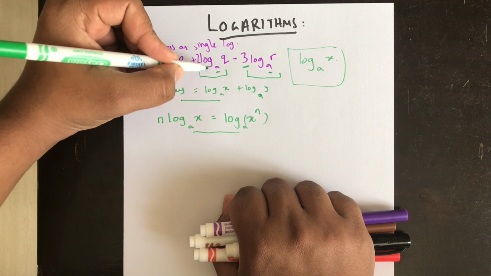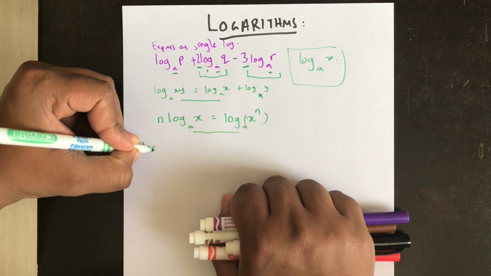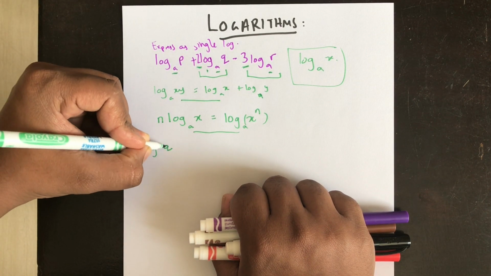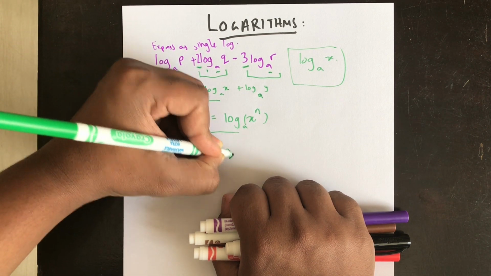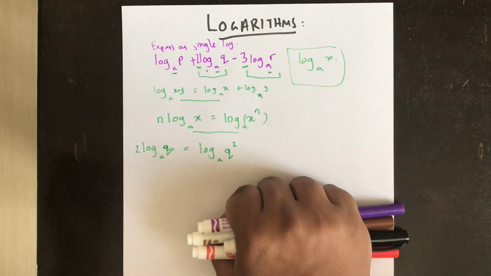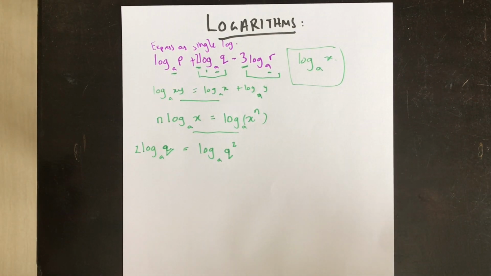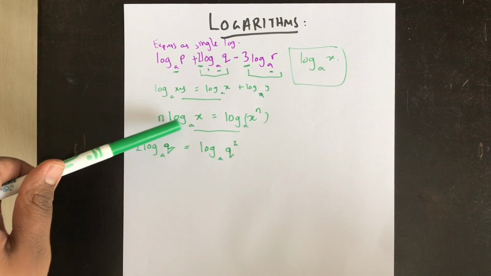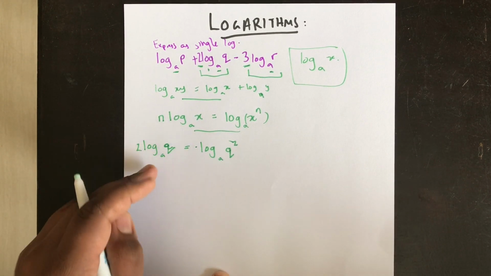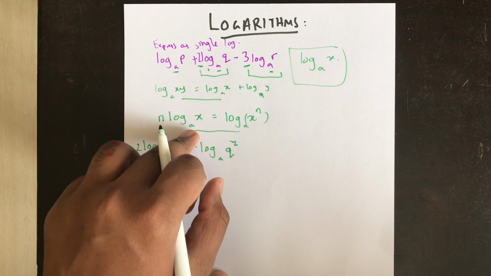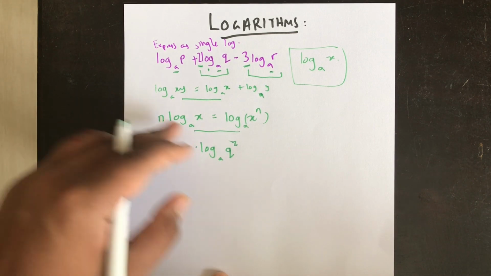So this is actually equal to log q squared base a. I am getting this by using this rule. If I were to bring this 2 down here, I'll be ending up with this. So I've just used this rule in the reverse order to get it.